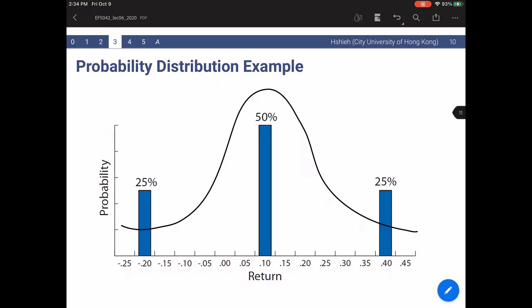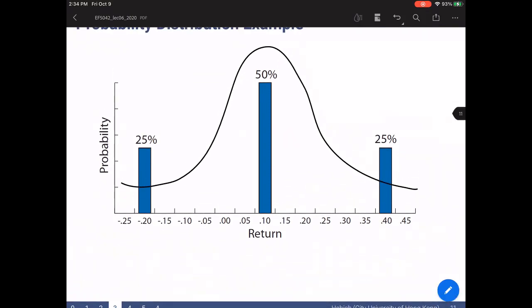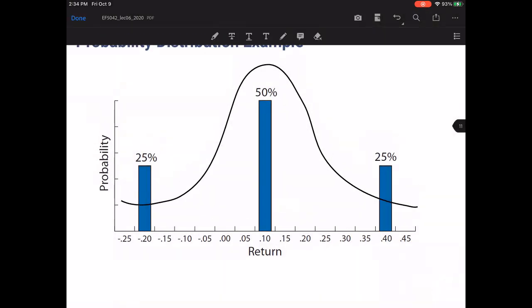Everything will be discrete, and so the calculations should be very straightforward. And we will go over those definitions right now, okay, for discrete cases. So discrete, to be clear, just means that there is a finite number of states, okay?